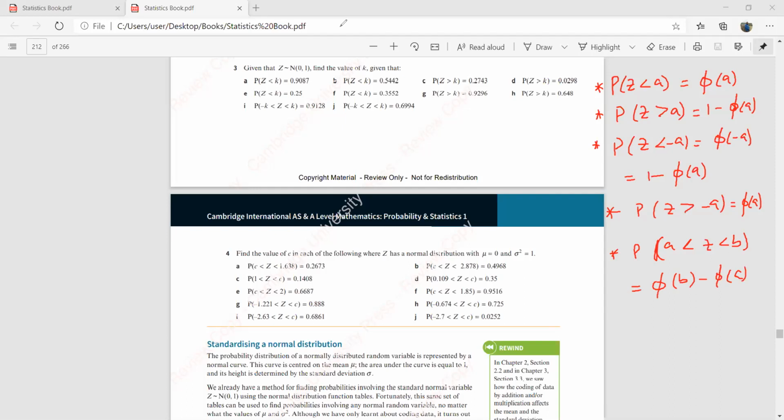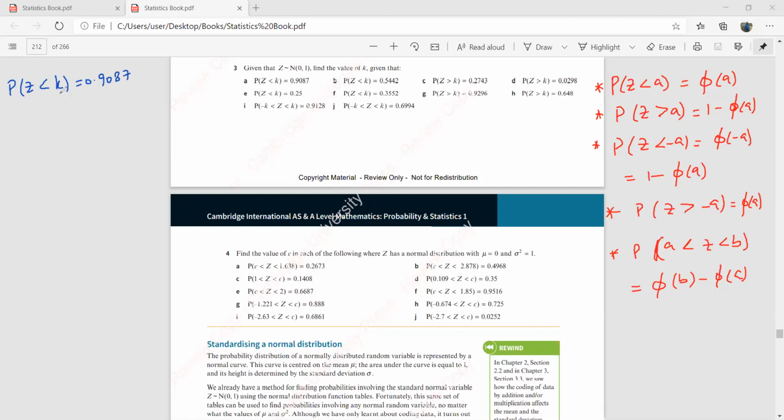Now, since we have to see how to go backwards, or find the inverse of these probabilities, you must be familiar with all of this once again. Now look at question number three part A. It says find the probability that Z is less than K, and that is 0.9087.